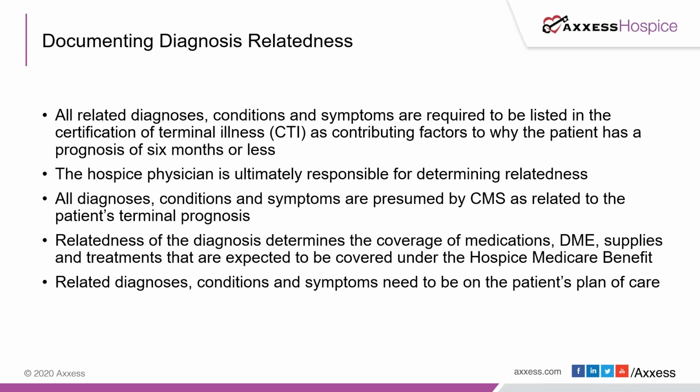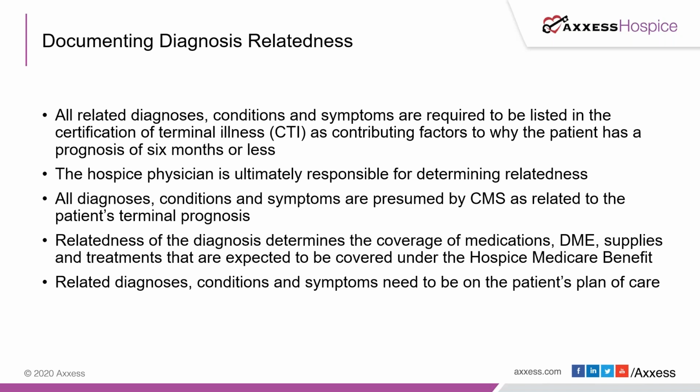What Medicare is looking for, and they've specifically stated, is that unless there is clear evidence that a diagnosis is unrelated to the patient's terminal prognosis, they are considering it related. It is a very high burden of proof that hospices have to show that these secondary conditions and comorbidities are not related. So ultimately, it comes down to the hospice physician.